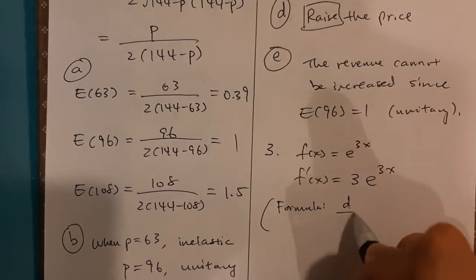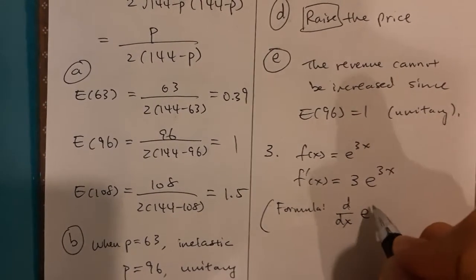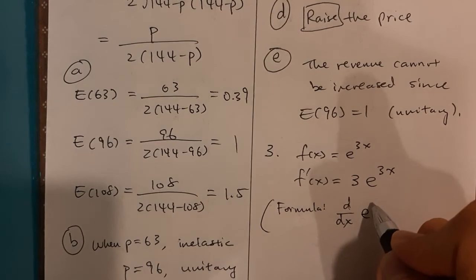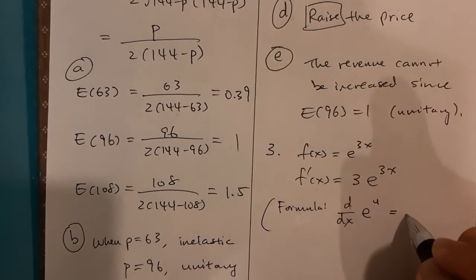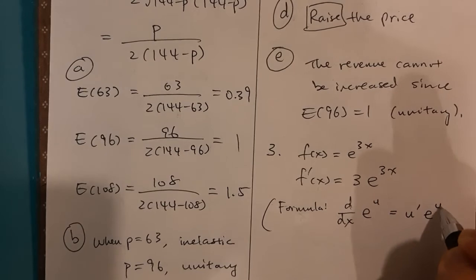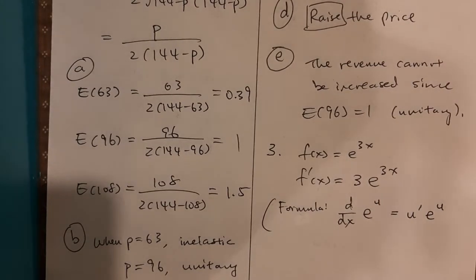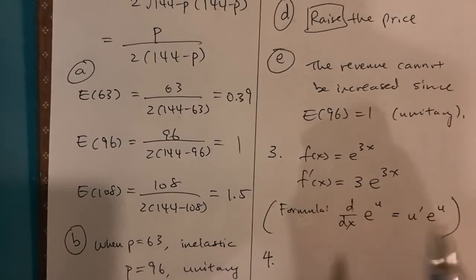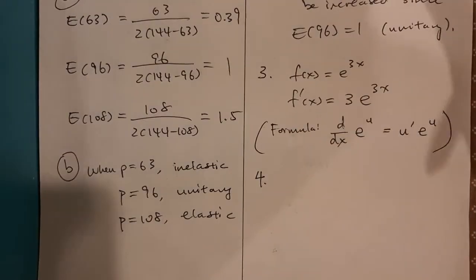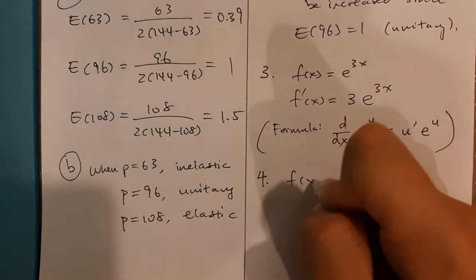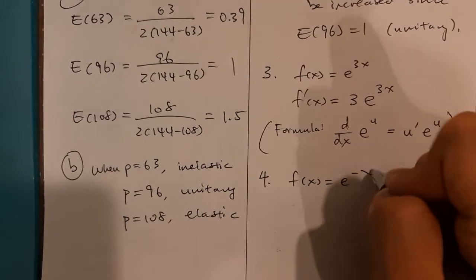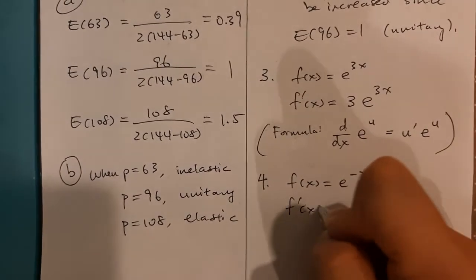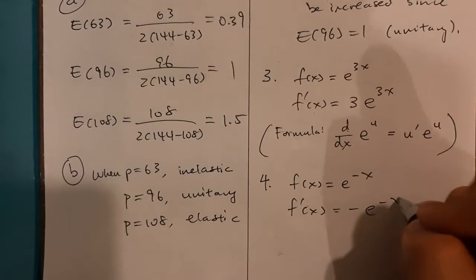The derivative of e to the u equals u prime e to the u. Find the derivative of f of x equals e to the negative x. So f prime would be negative e to the negative x.